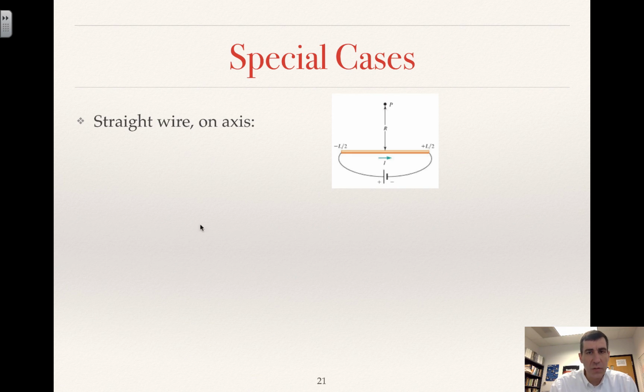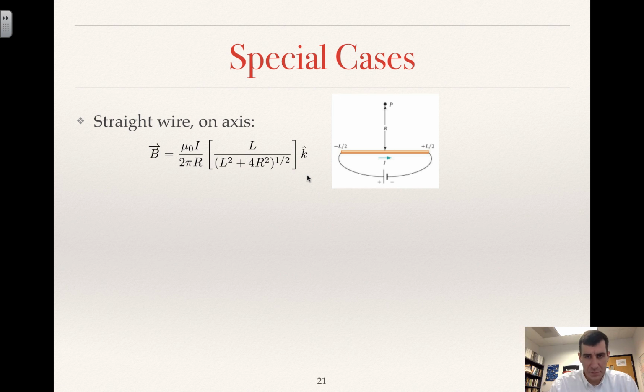Now we can look at some of these special cases. For example, for a long straight wire, if you're on the axis, we've got a current traveling to the right along this wire, and we're some distance away from the center of this thing. The magnetic field is mu naught I over 2 pi r, times this factor L over the square root of L squared plus 4r squared.